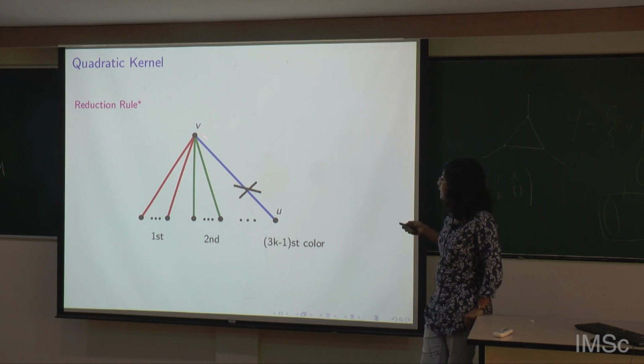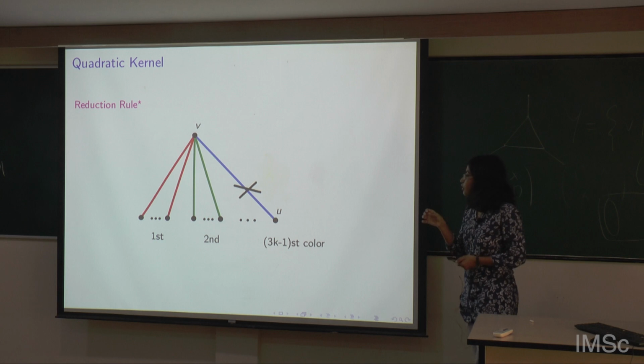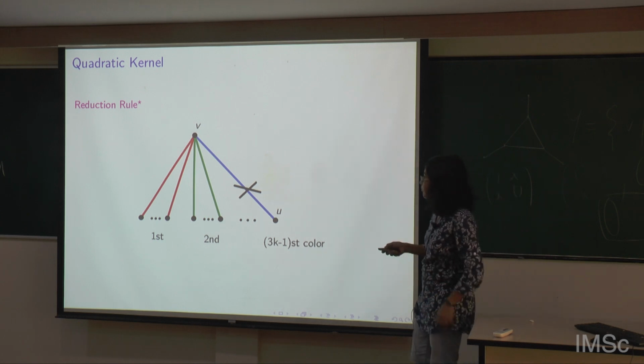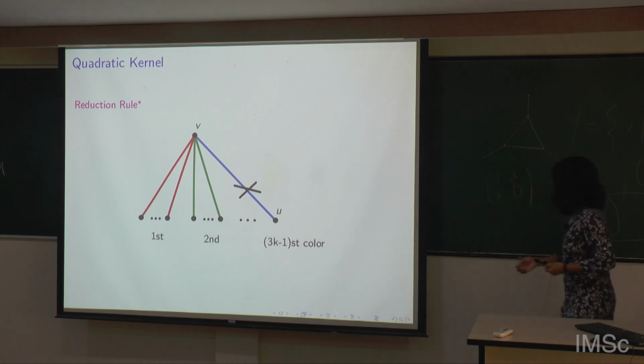Since it has 2k minus 2 endpoints, and here you have 3k minus 1 colors, you have 3k minus 2 colors remaining here, right? So for these 2k minus 2 endpoints, they can come here. So I'll just draw a picture here.